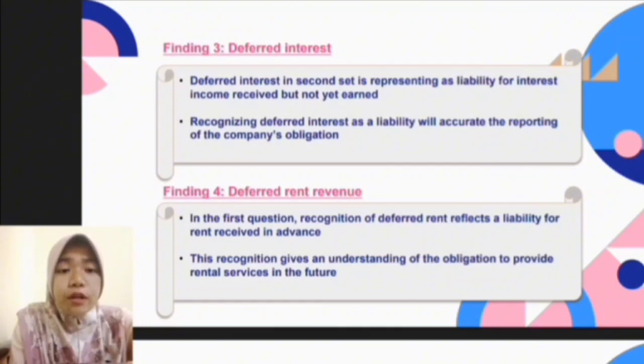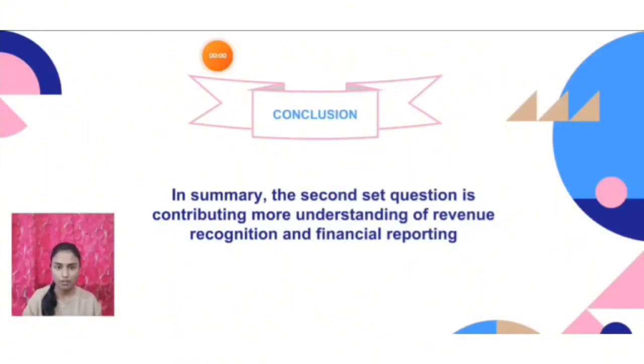For finding 4, deferred rent revenue. In the first question, recognition of deferred rent reflects a liability for rent received in advance. So in a simple form, deferred revenue means we have to deduct it from the revenue account. Accrued revenue means we have to add it to the revenue account.